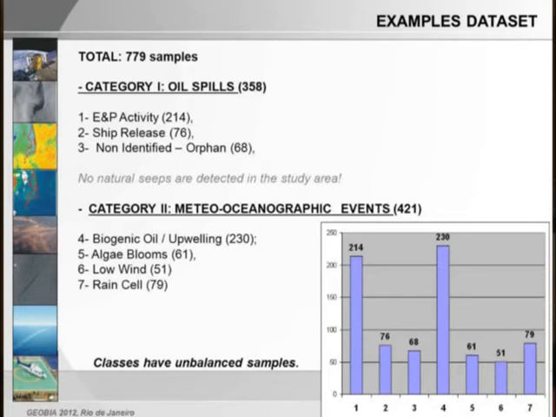Inside the oil spill category, we have 3 classes: EP activities resulting from drilling and production activities, ship releases, that is the illegal releases from ships, and not identifiable oil.